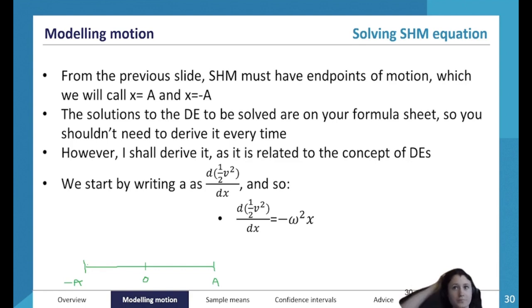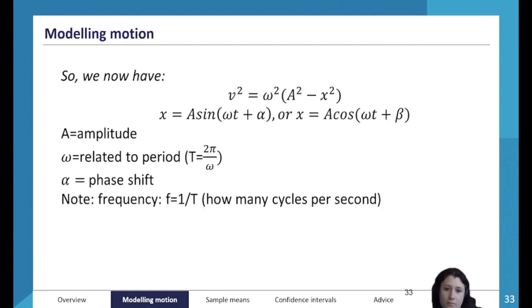So, we actually won't solve the differential equations right now, just because it's a little bit too complicated. But I will show you guys what formulas we are working with. This one here is very important. Velocity squared is equal to omega squared multiplied by amplitude squared, take displacement squared.